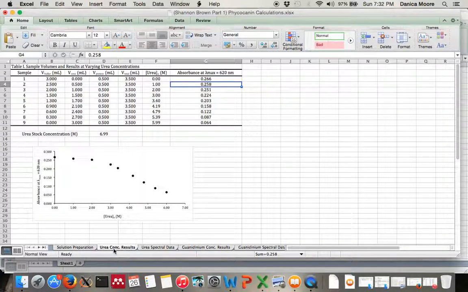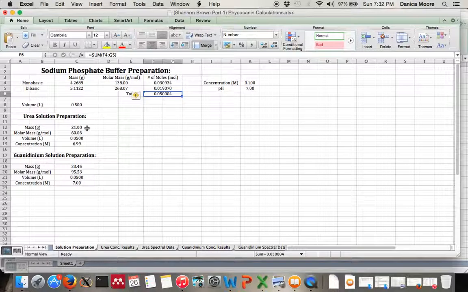So, moving on. This is a set of dilutions that she had to do. And in setting up this table, this part of the table was given, but the calculation here for the molarity of the urea in this case had to be calculated based on her stock concentration, which is what we saw on the previous page that she had calculated here, 6.99 molar.